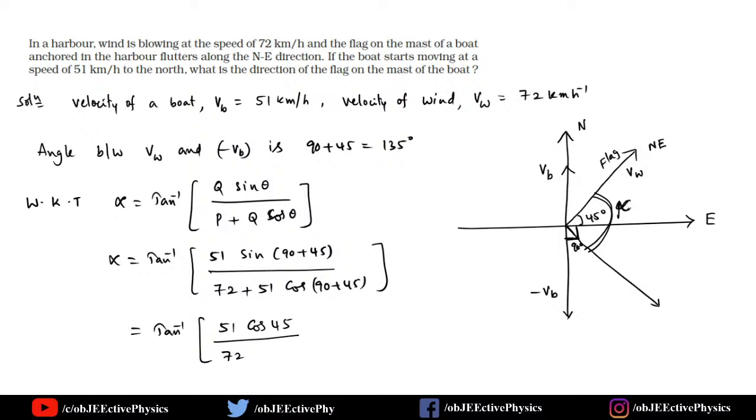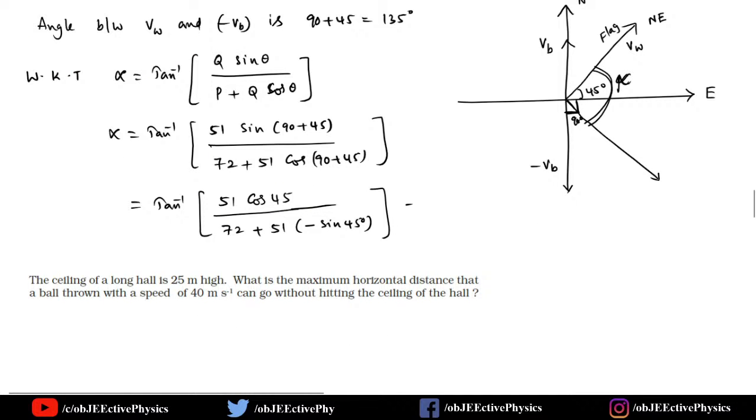And cos(90 plus 45) is minus sin 45, since in the second quadrant cos is negative. That implies tan inverse of 51 into 1 by root 2 divided by 72 minus 51 into 1 by root 2.